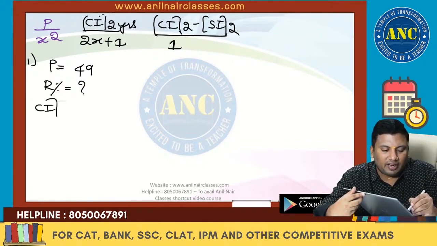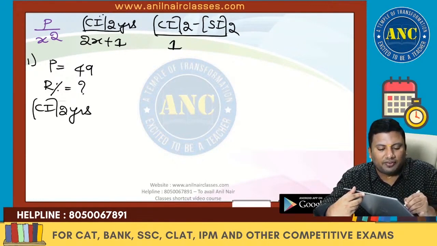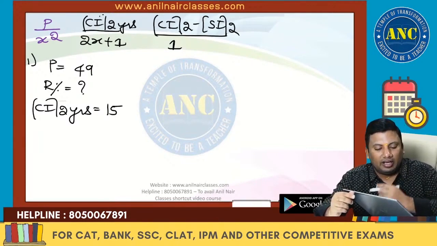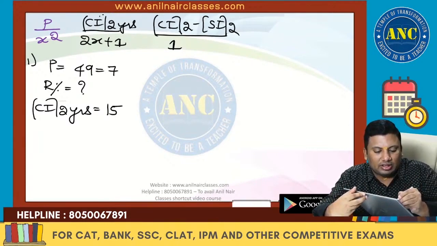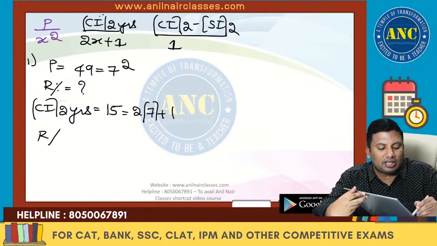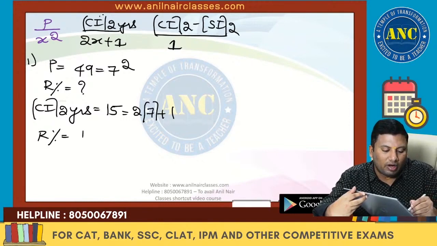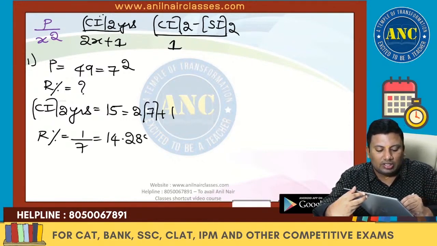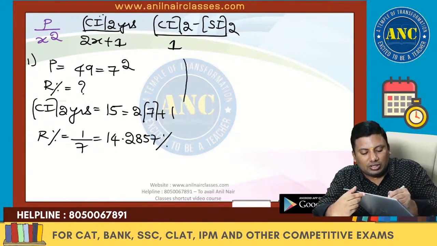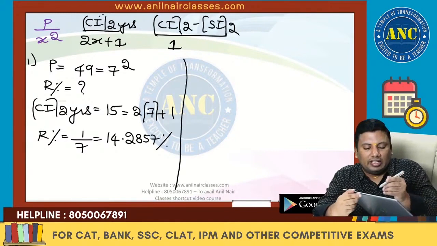When CI for 2 years is nothing but 15, which is 14.9, which is nothing but 7 square. This is nothing but 2 into 7 plus 1. So R percentage is nothing but 1 by x. So 1 by 7. Answer for this question is 14.2857. Directly just by looking at the question, you will get the answer.